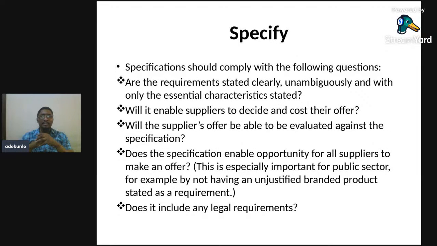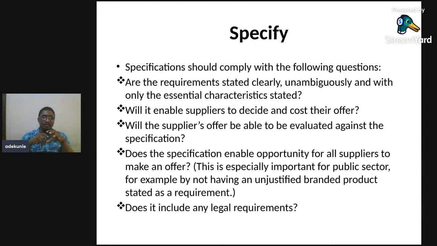Then we look at questions that we need to ask ourselves when we are drafting a specification, for the specification to comply with.